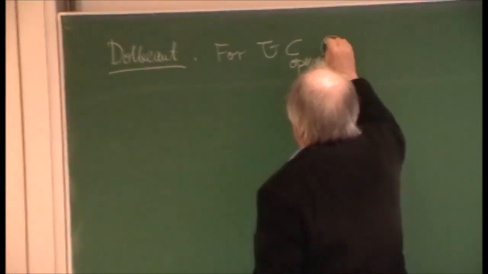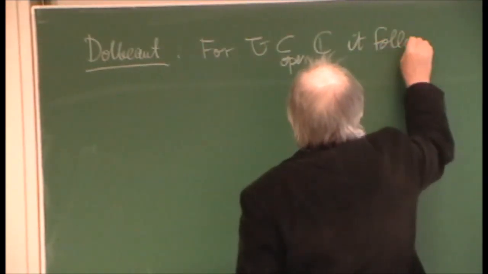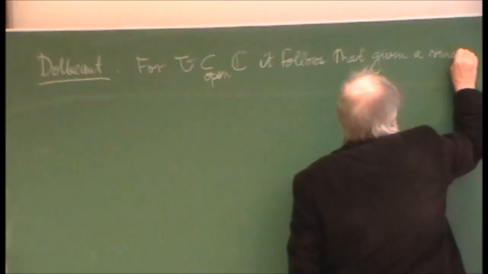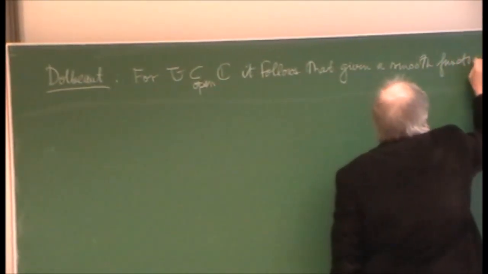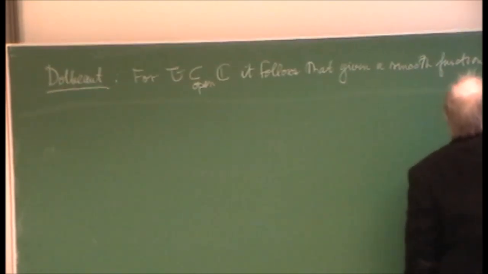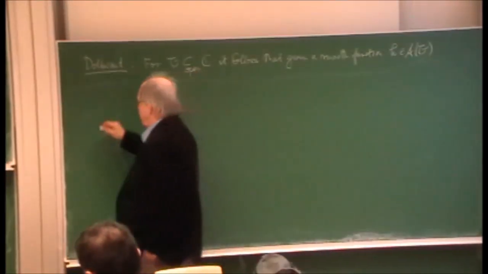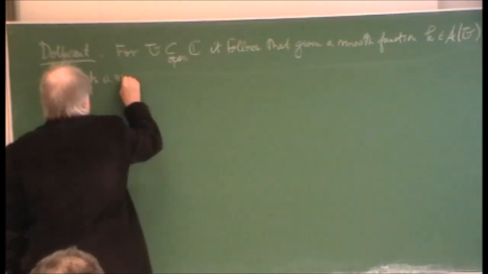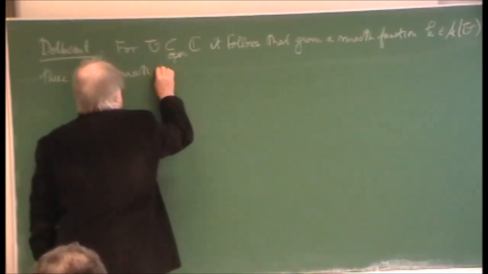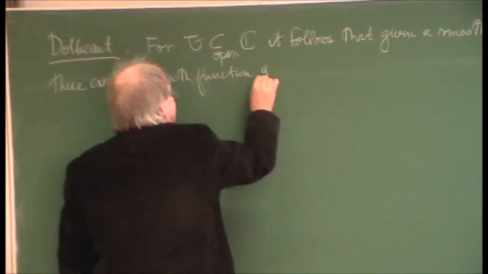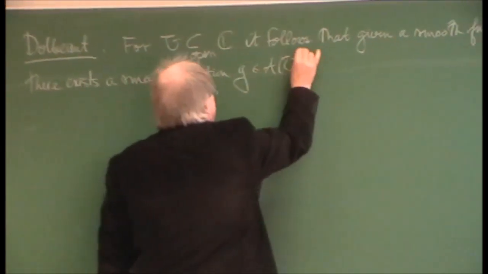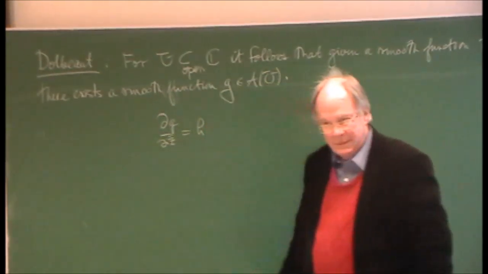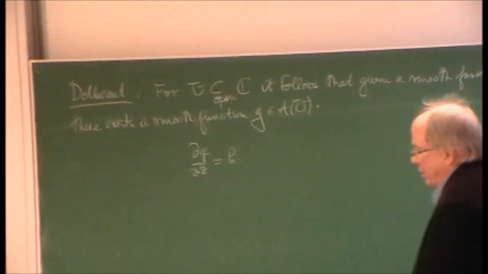So U, any open set in the complex plane, it follows that given a smooth function H on U, there exists a smooth function G on U, this is the elementary lemma, such that the partial derivative of G with respect to z bar equals H. So that's all you need to check.